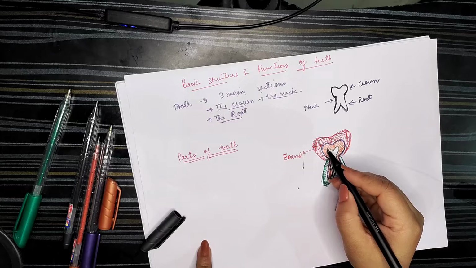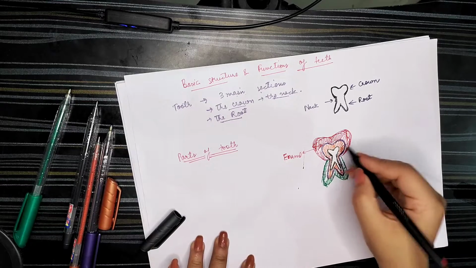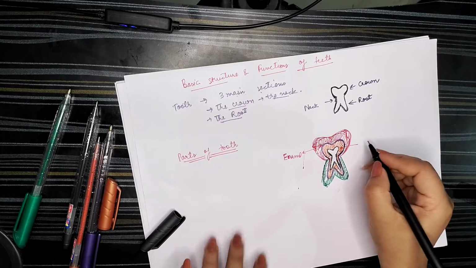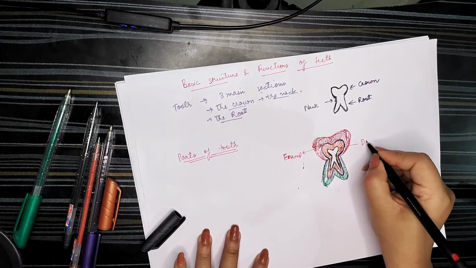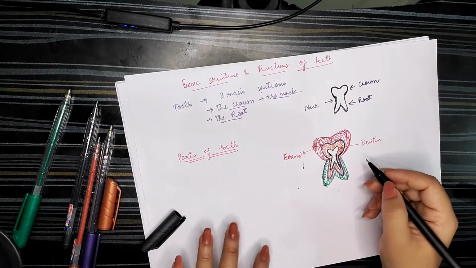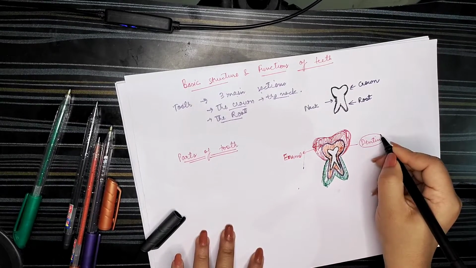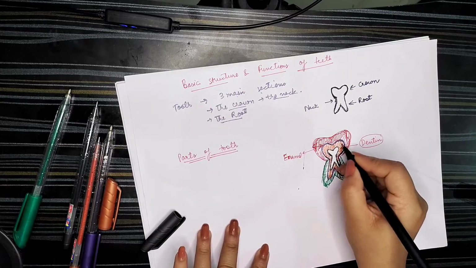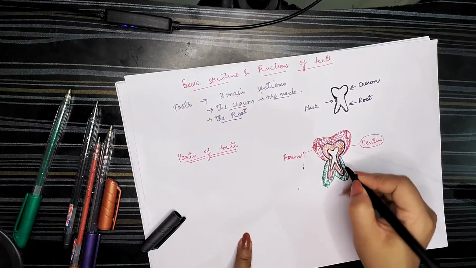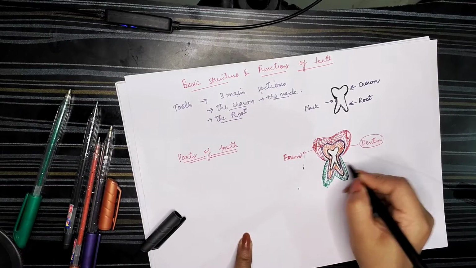And below enamel, or inside enamel, there is a second layer of tooth which is known as dentine. Now dentine, we have two dentines. One is the coronal dentine which is in the crown, and the other is the root dentine here.